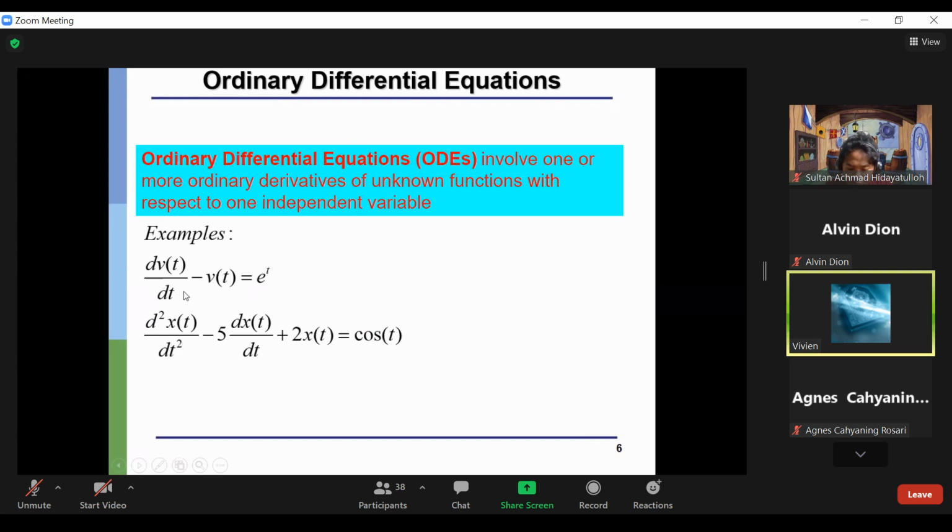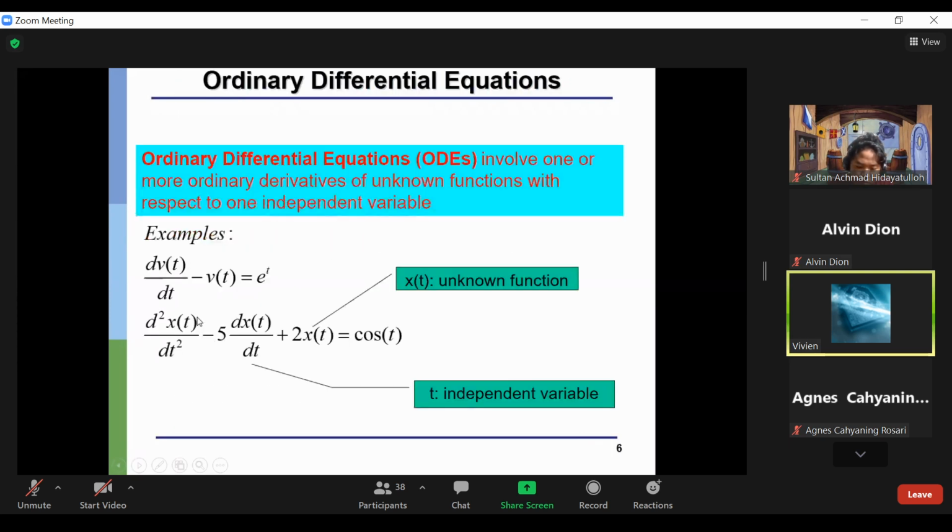We already understand that it depends on one independent variable only, but the ODE can contain, for example, the first derivative or the second derivative as well. Here we have x, which is the unknown function, and x depends on one independent variable, which is t.